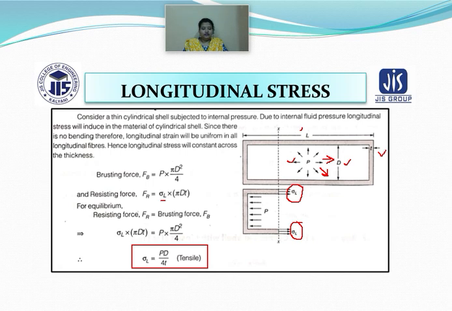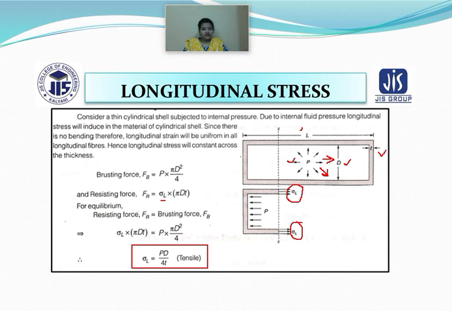So again the same thing: there is a bursting force occurring as well as a resisting force, and if you want to be in equilibrium condition, you have to equate the two, because in equilibrium the bursting force and the resisting force are equal.